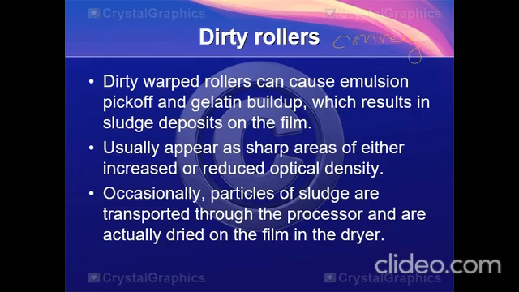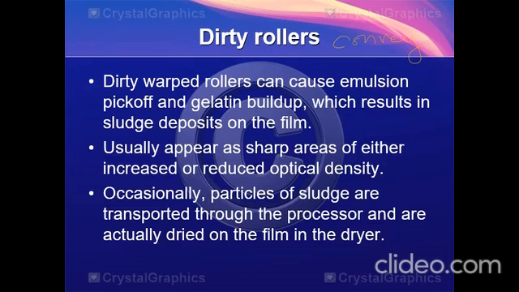Along the way, if the rollers are dirty, the dirt on the rollers can also embed on the film. Okay, next, they usually appear as sharp areas of either increased or reduced optical density.